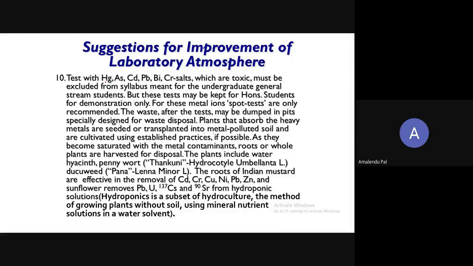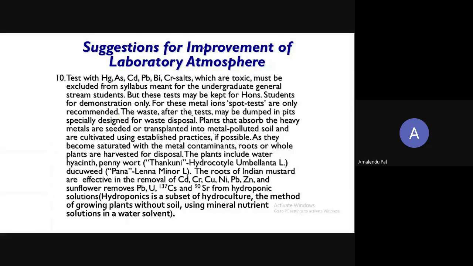Some colleges may still have mercury, arsenic, cadmium, lead, bismuth. These are highly toxic. That's why I'm telling, they must be excluded from the syllabus for undergraduate general stream students. But these tests may be kept for honours students for demonstration only. For these metal ions, only spot tests are recommended. This is a simple one.